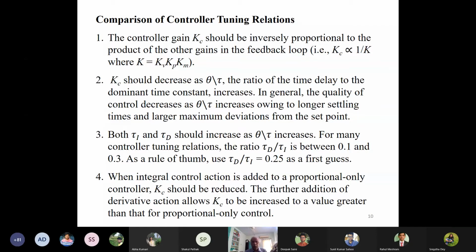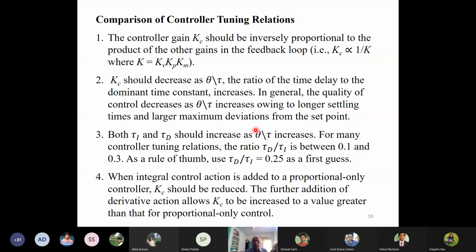What happens is in some of the cases you will find your specification is such that you can have only two unknown variables. Now, if you have two unknown variables, then you can solve only for PI controllers. Then how do I get the derivative time constant?